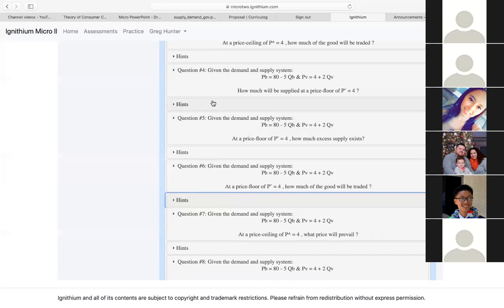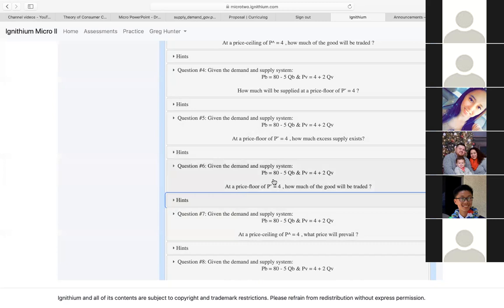Not really. I think I got 15.2. Okay, let me double check. I have 80 minus 4 divided by 7. I might be wrong though.